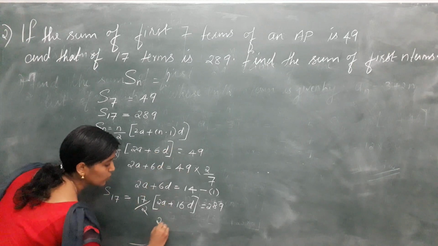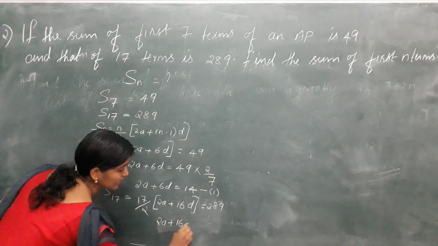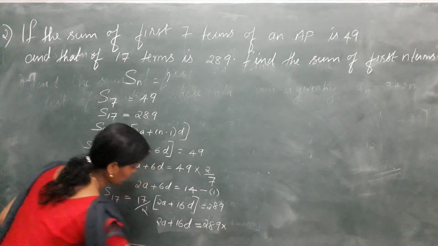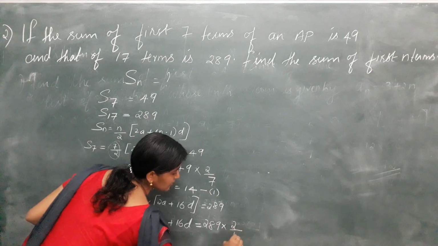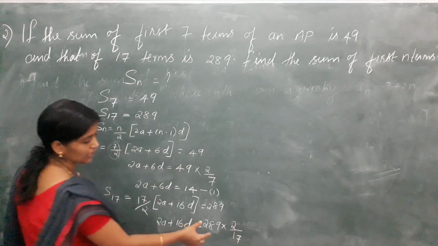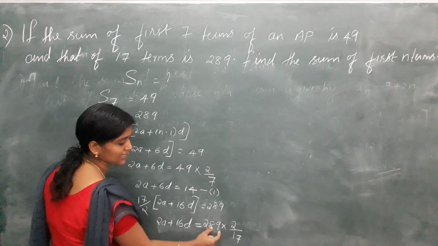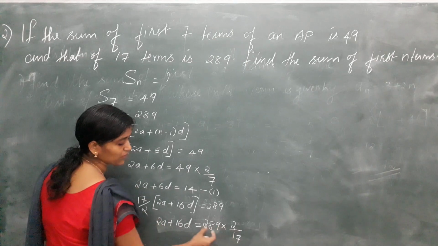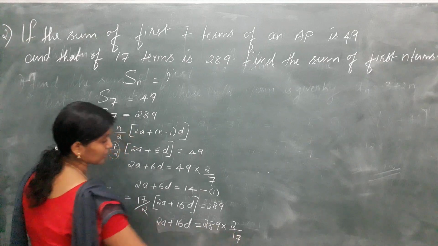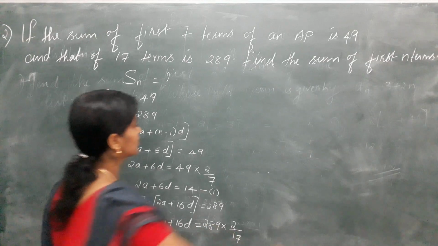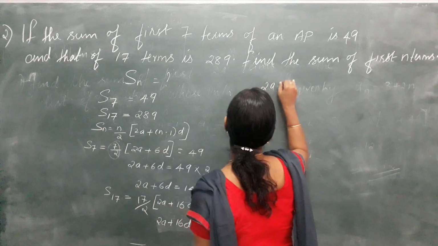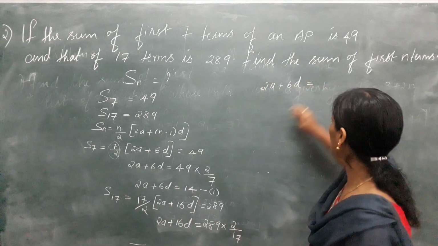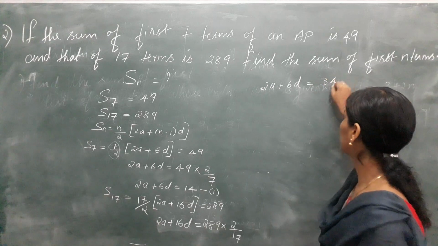So I will get 2a plus 16d is equal to 289 into 2 by 17. Again you can cancel here, 289 is 17 squared, so you can cancel with 17. When you do the calculation, you will get 2a plus 16d is equal to 17 into 2, which is 34.